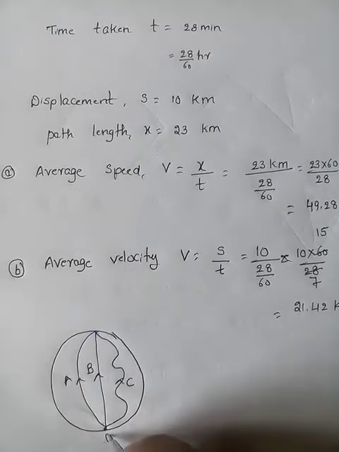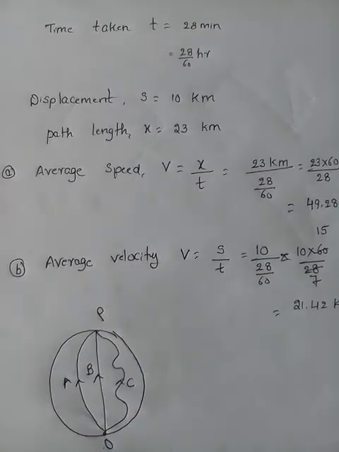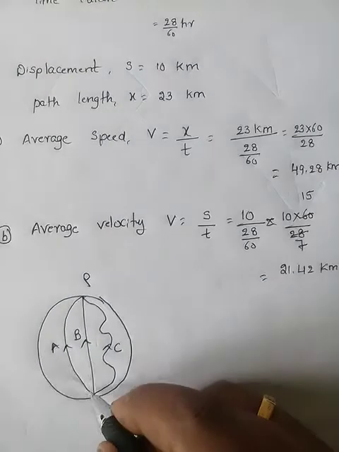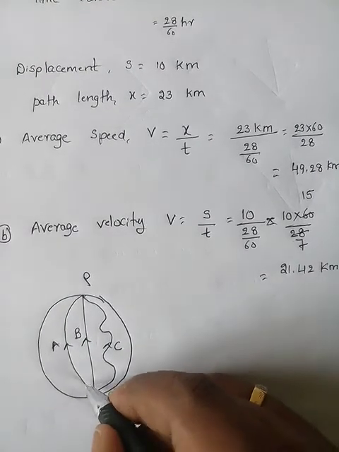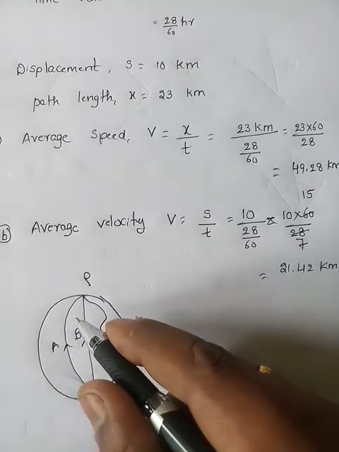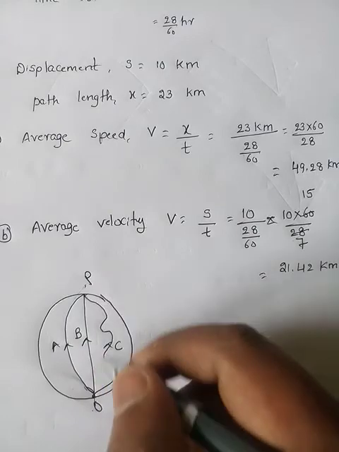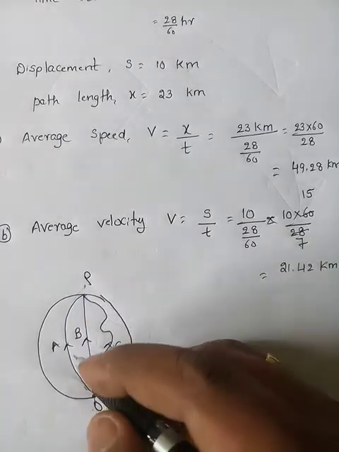Now, what is the displacement of these three girls? So, they are skating on this ground, they move in different directions, that is one moves along this path, another moves along a straight line path, another moves in a very curved path.